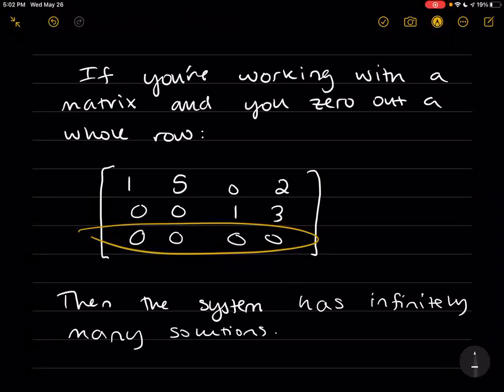This is just like when we were dealing with equations and we wrote 0 equals 0, right? In matrix land, we say the system is dependent. That's the word for it.